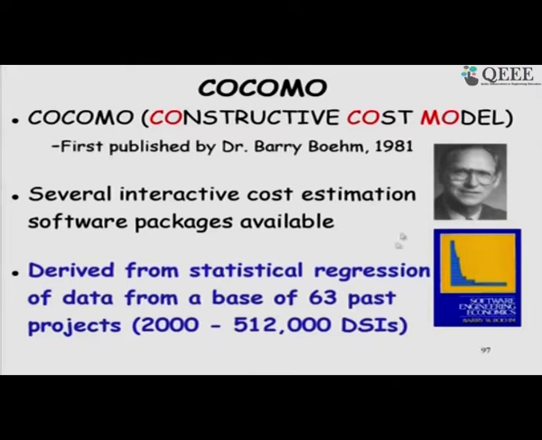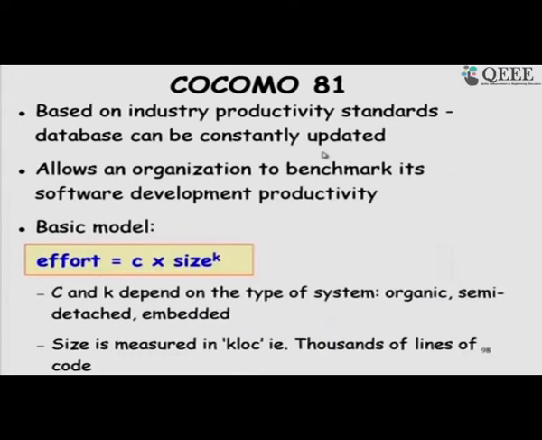He could compute the effort, duration, and then the cost. The basic model is that effort is given as an exponential on size and a multiplier. The values of C and K vary depending on the type of software, a very simple formula.